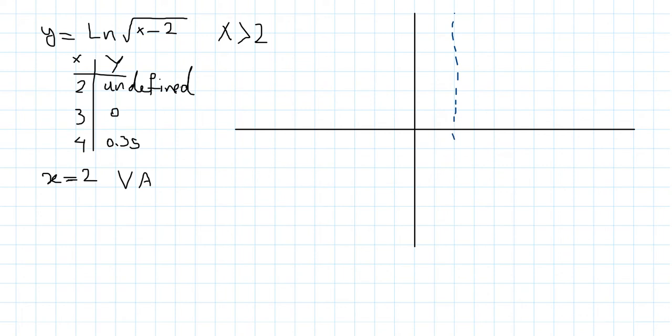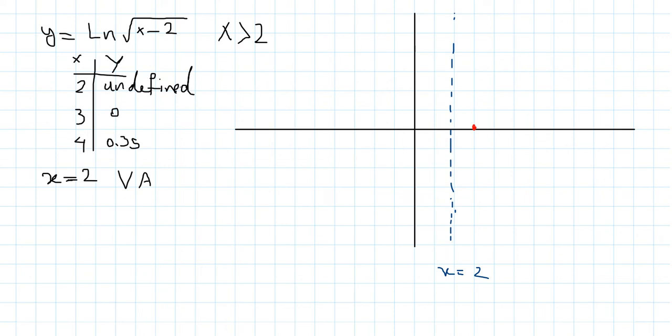Let's draw better. It's not good. On x equal 2, I have a vertical asymptote. It means my graph should start from here. And look at the next point. If x is 3, y is 0.